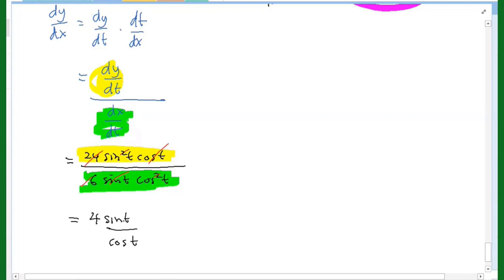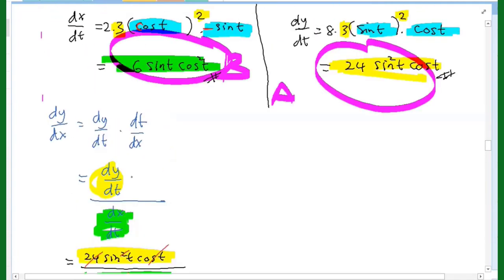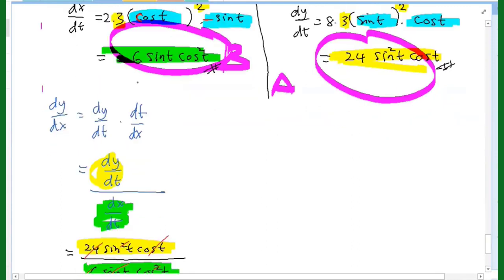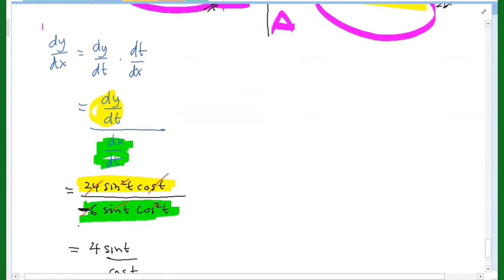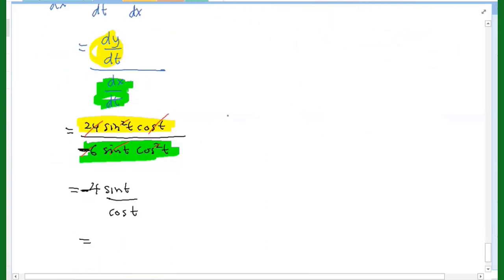And sin over cos, wait, there is a negative, right? Where is the negative? Negative 6, you can't see it. So it's negative. So sin over cos is equal to what? Tangent, correct.